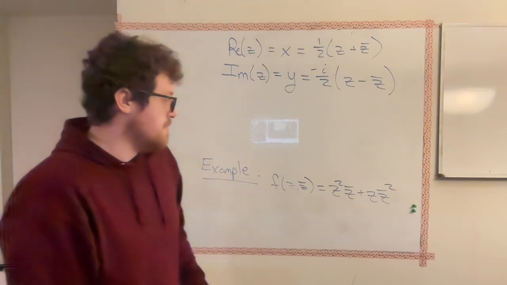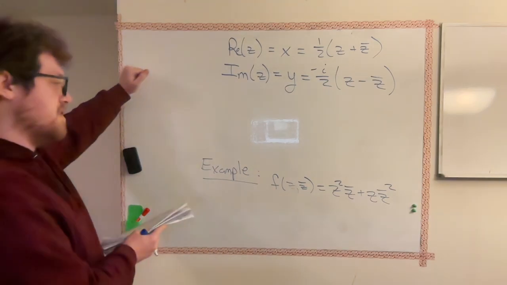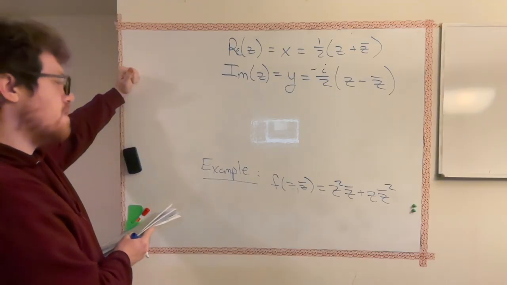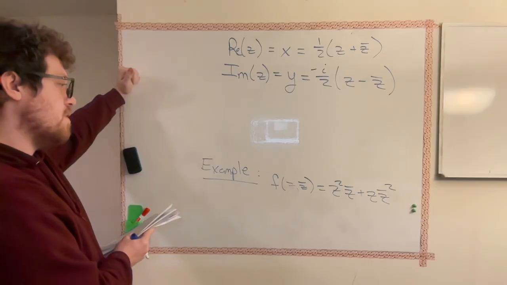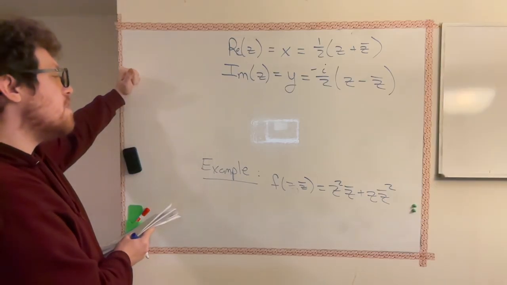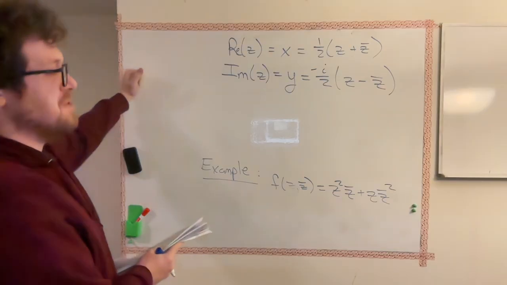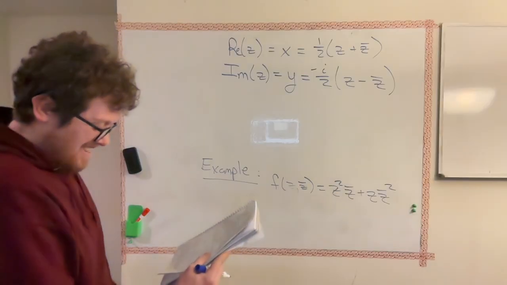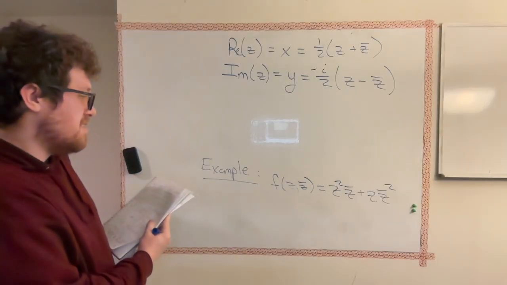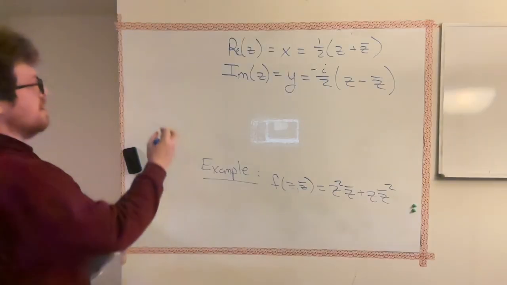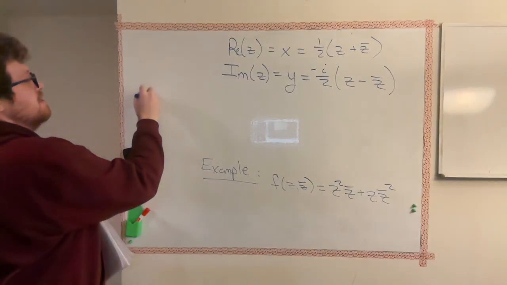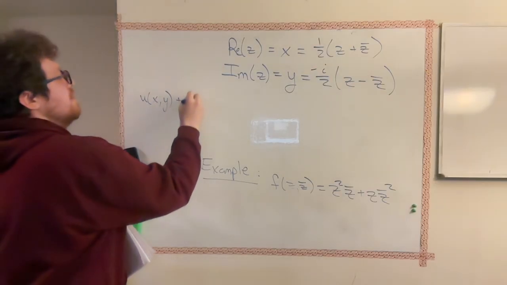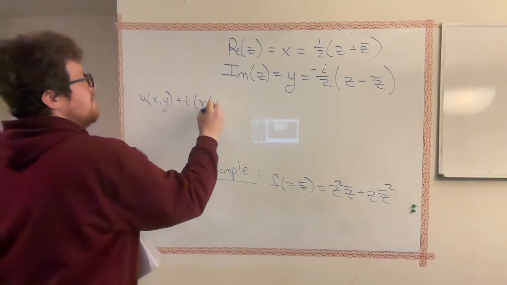Did I make this problem too hard? This should be easy, right? I confused myself. I can't tell how easy this is. How do we convert this? Okay, so we want to be able to write it as u of xy plus I times v of xy, right?